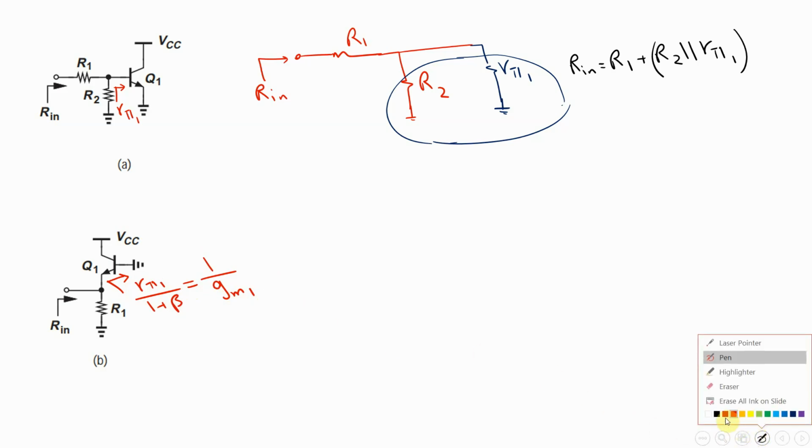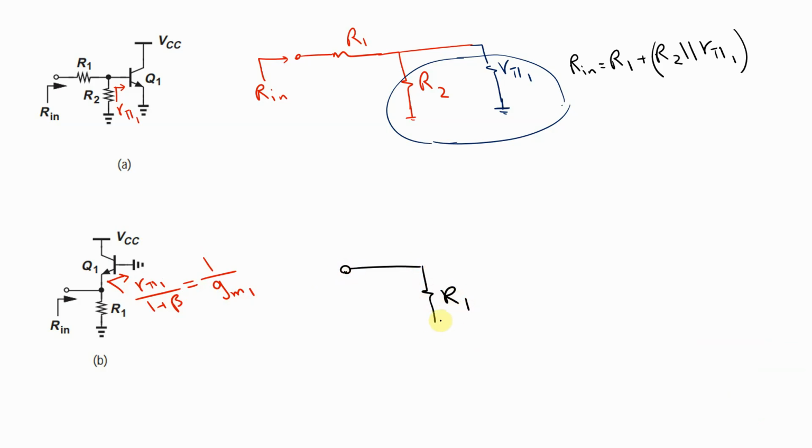So I'm going to again redraw the circuit. Here this is R1, and here this is 1 divided by GM1 for Q1. Okay, now what is the Rin for this circuit?